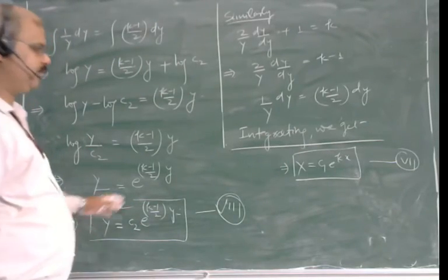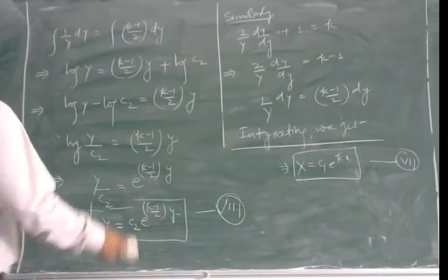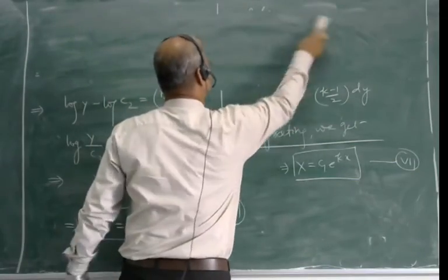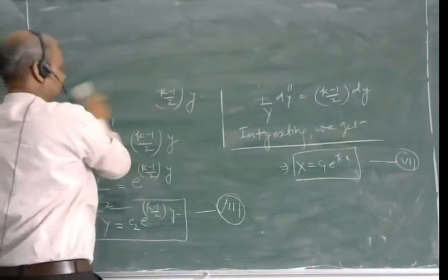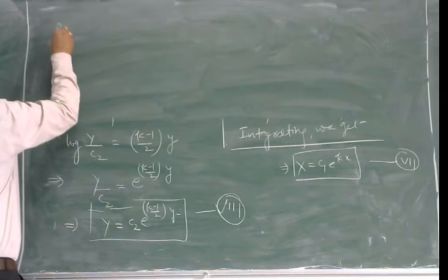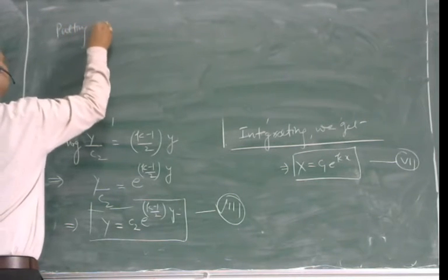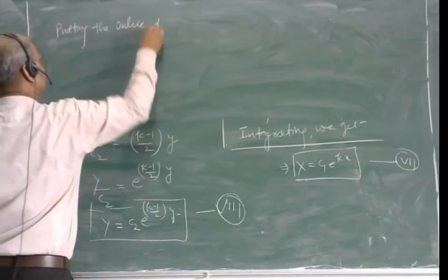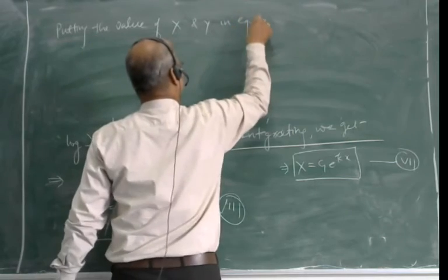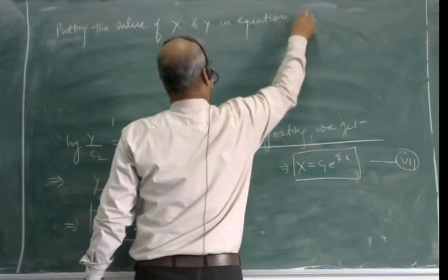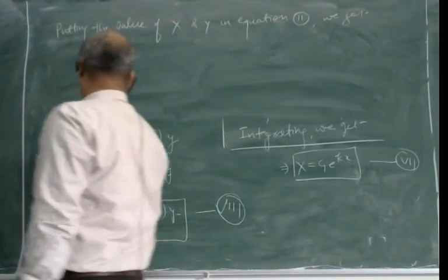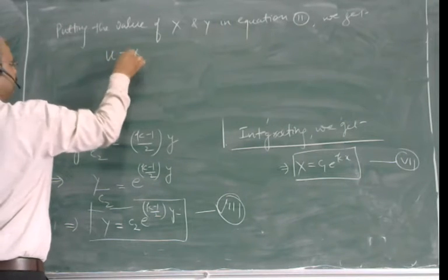So by putting the values of X and Y from here into equation 2, we get U equal to XY.